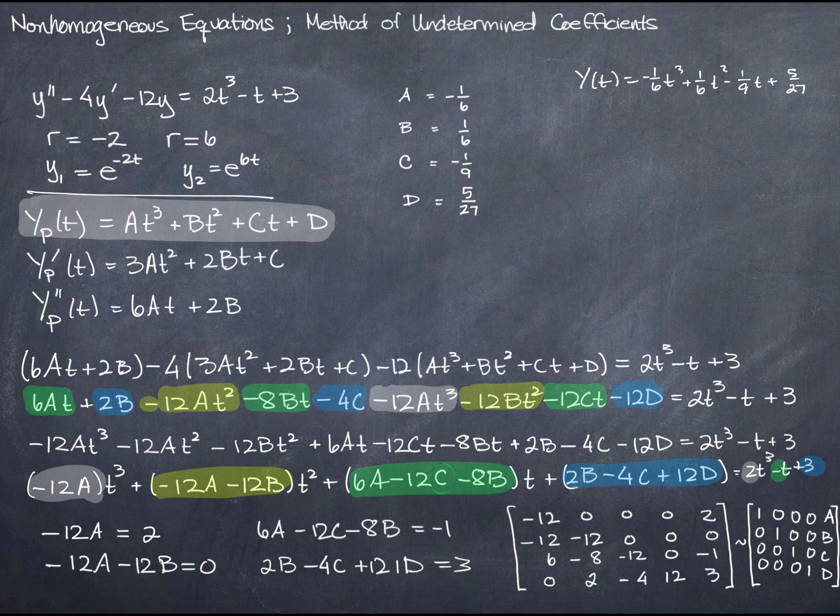That is my particular solution. If, on the other hand, I'm asked for a general solution, that should be y p. It's going to be y of t, or if you prefer from the textbook, theta of t, your choice.